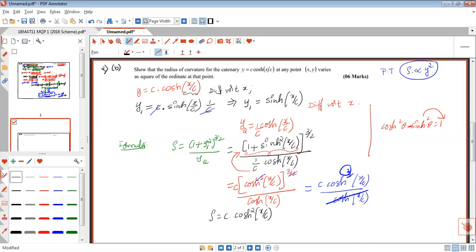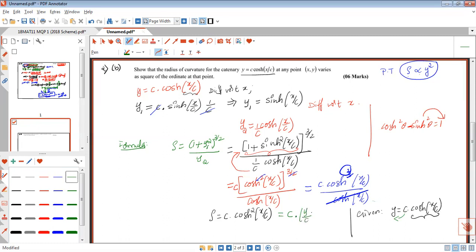Further, we want to prove that the radius of curvature rho is proportional to y square. So given y equals c times cos hyperbolic x by c, the value of cos hyperbolic x by c is y divided by c. So I will write this as c times cos hyperbolic square x by c, which is y by c the whole square, because cos hyperbolic x by c is y by c.